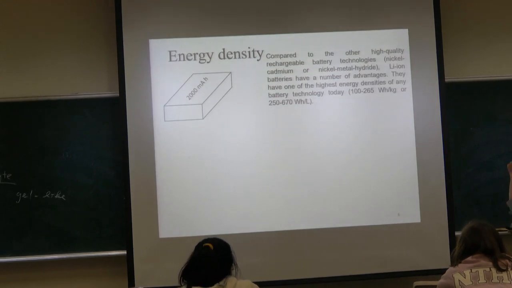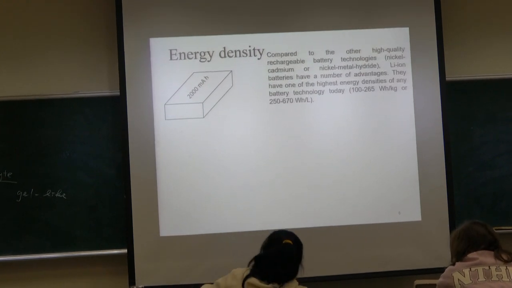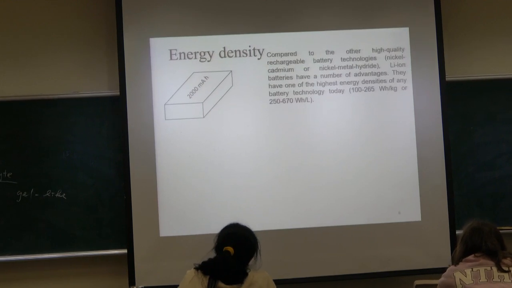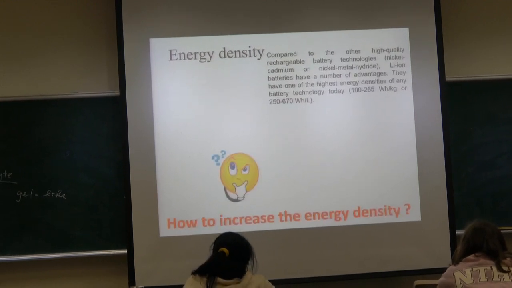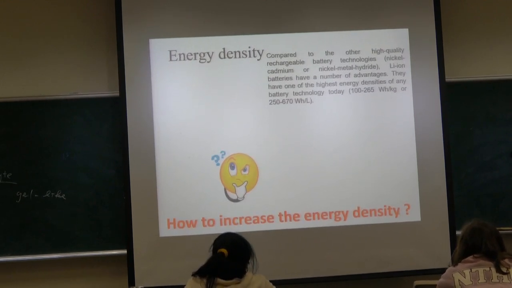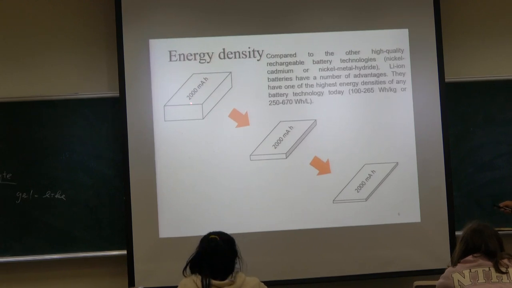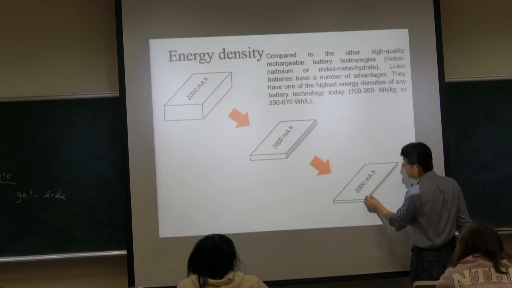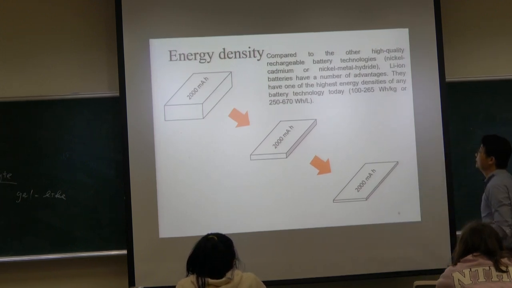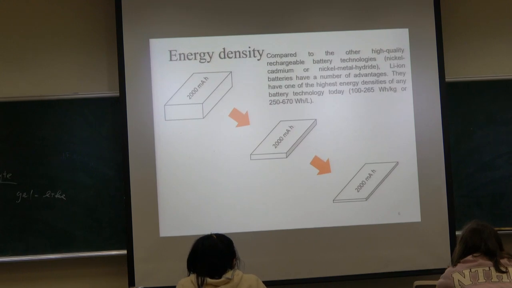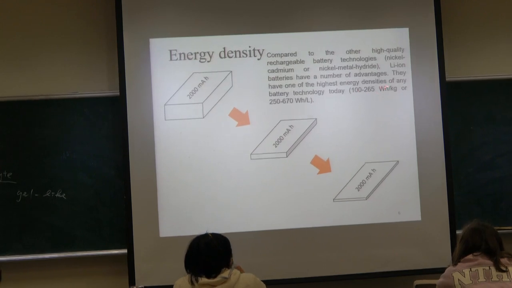So now, energy density. Energy density is about how to make the battery smaller and smaller. We call it energy density per size, right? Usually, if we talk about energy density, you have two units.